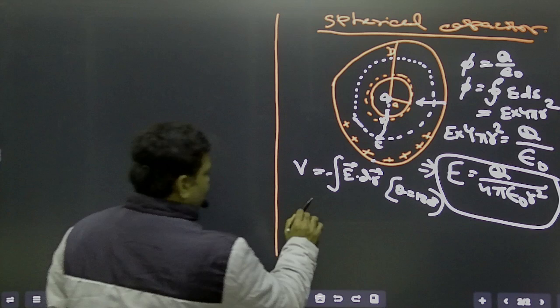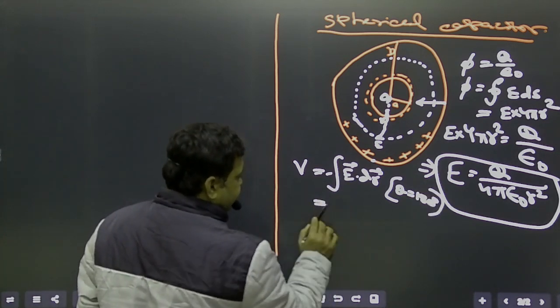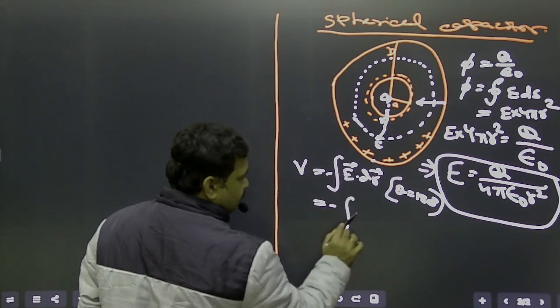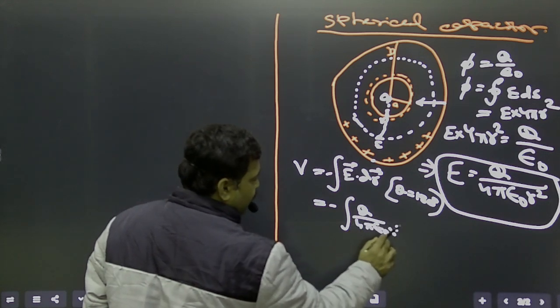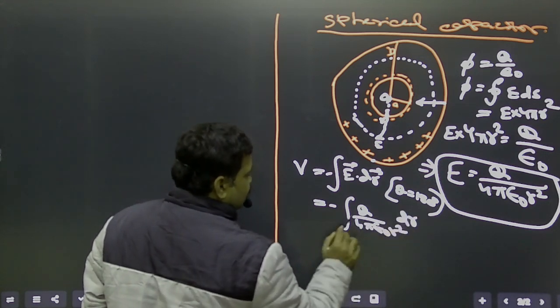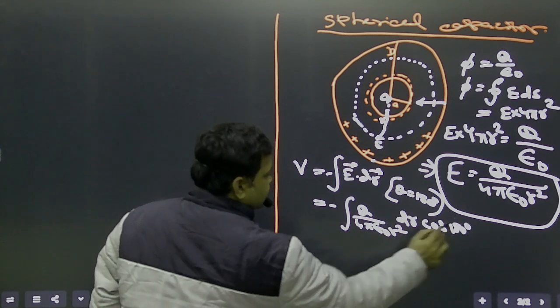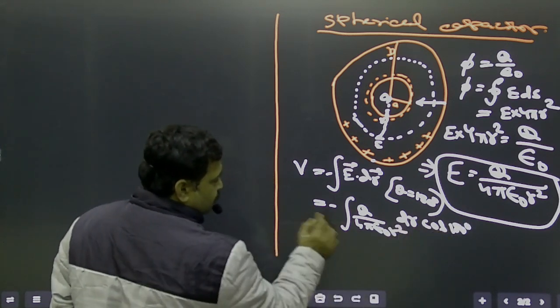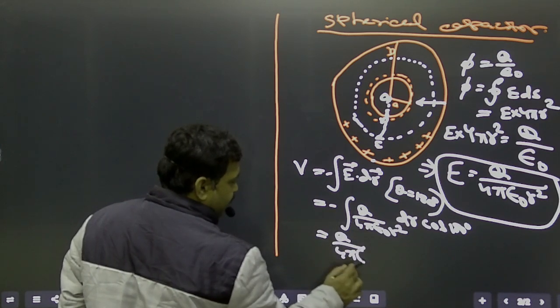Putting the value of E and integrating, this will be minus, E meaning q upon 4 pi epsilon naught r square, dr, times cos 180. Cos 180 is minus 1, so minus minus becomes plus. We can take q upon 4 pi epsilon naught outside.